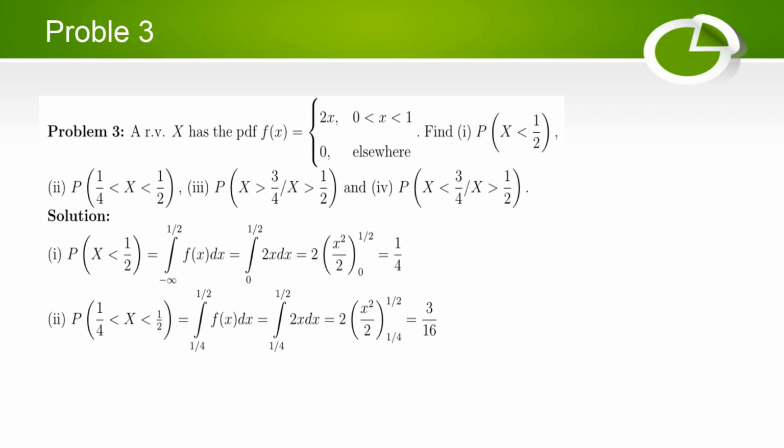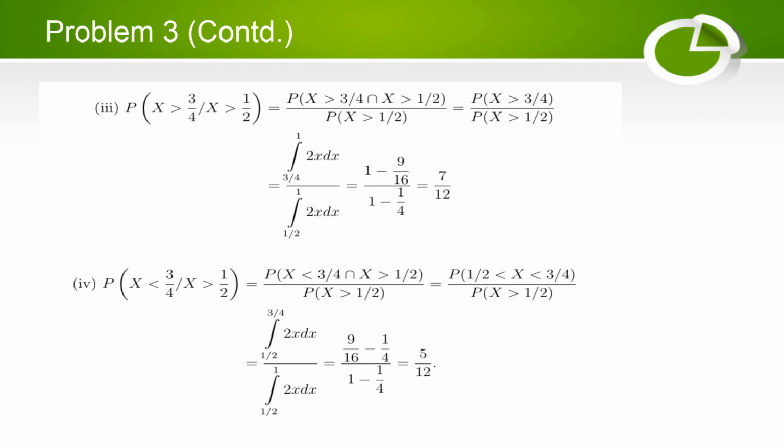P of 1 by 4 less than x less than 1 by 2 equals the integral from 1 by 4 to 1 by 2 of f(x) dx, which equals the integral from 1 by 4 to 1 by 2 of 2x dx, which equals 2 into x squared by 2 with limits 1 by 4 to 1 by 2, equals 3 by 16.